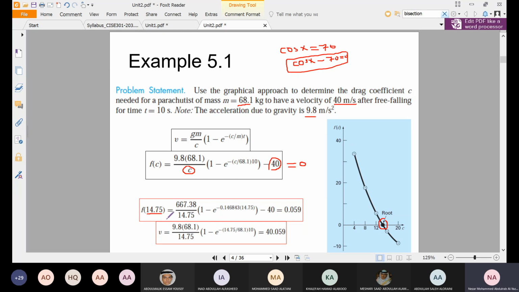If I substitute c by 14.75, the solution should be 0, but I still have some error. That means if I substitute c by 14.75, the velocity becomes 40.059. So this value is the error.